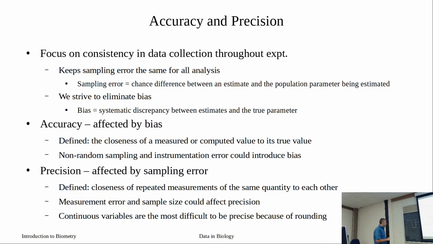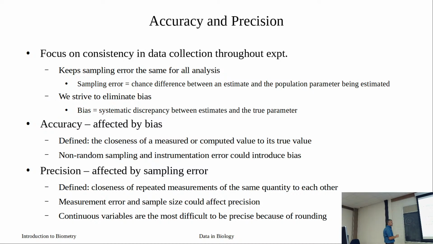A way to think about it is a bullseye and target practice. We're always going for the middle. If we are accurate, we are going to be around the bullseye. If we are not accurate, we're going to be off the bullseye. We're biased. We're systematically low and to the right.